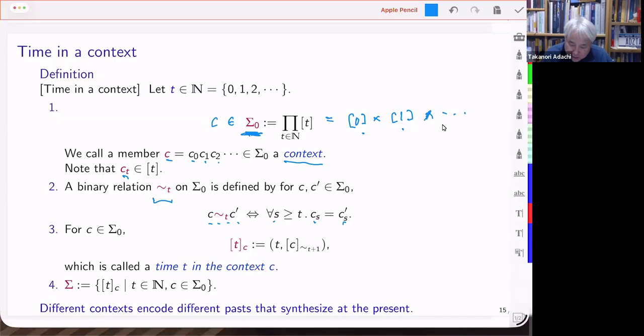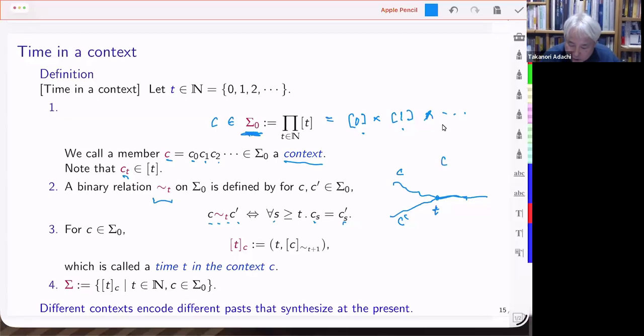So these are two simplices that meet at time t: this is C and this is C dash, and in such a situation C and C dash are equivalent under this relation. Obviously this relation is an equivalence relation.